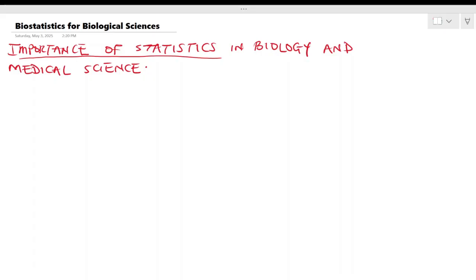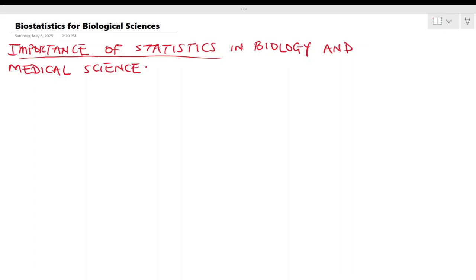We also have persons like John Snow, who used simple statistics to analyze the outcome of the cholera plague in London. So you see from this, statistics did not start today. It's been around for more than 4 centuries. Nowadays, the statistical role cannot be separated from biological and medical research.